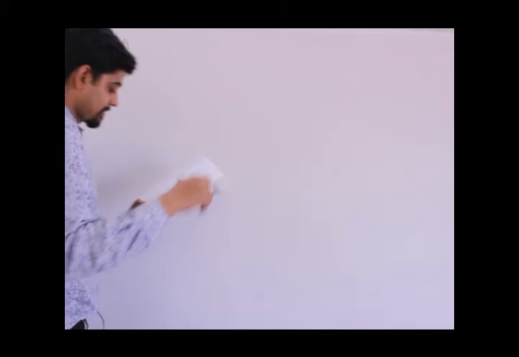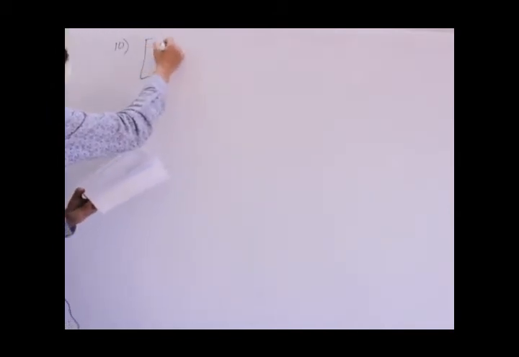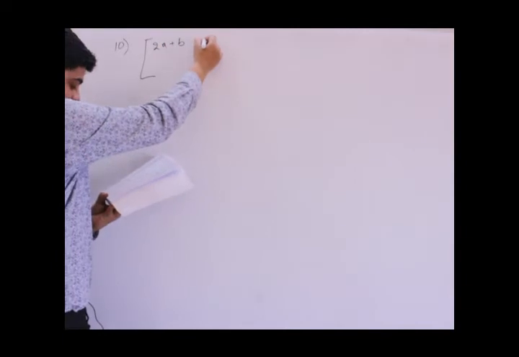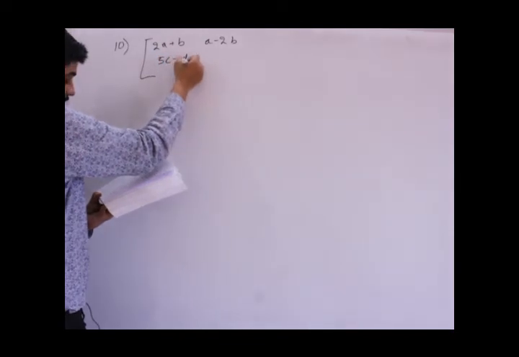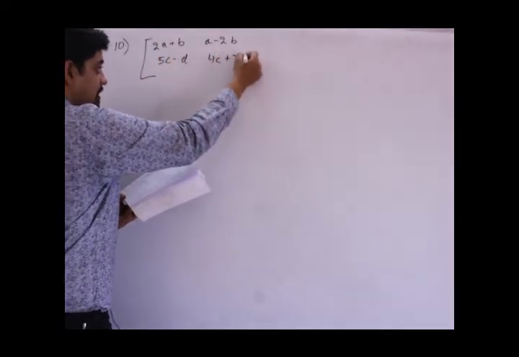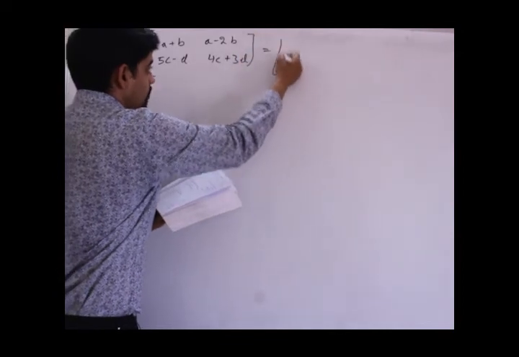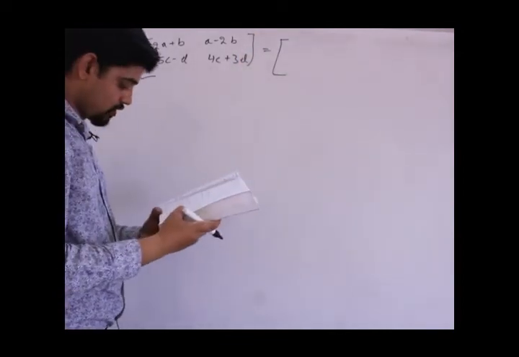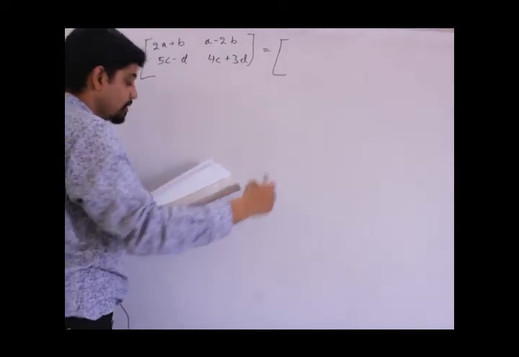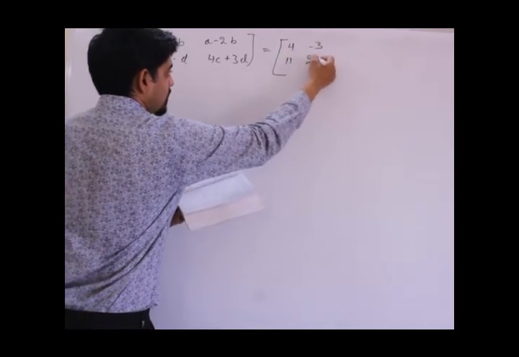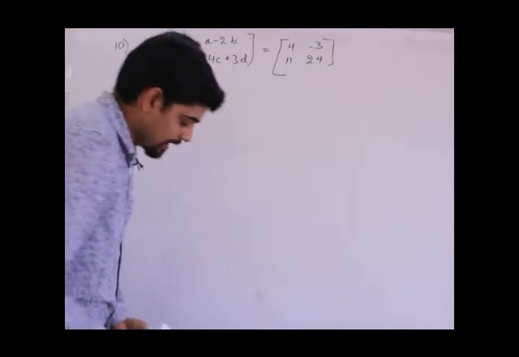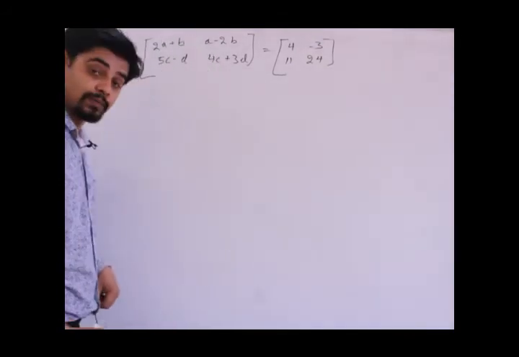Find the values of a, b, c and d for the following equations, and the equations are 2a plus b, a minus 2b, 5c minus d, 4c plus 3d is equal to 4, minus 3, 11 and 24. This is the equation, and this is the NCERT question because it is given in the book.